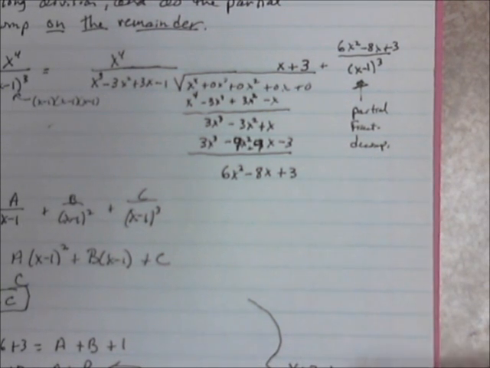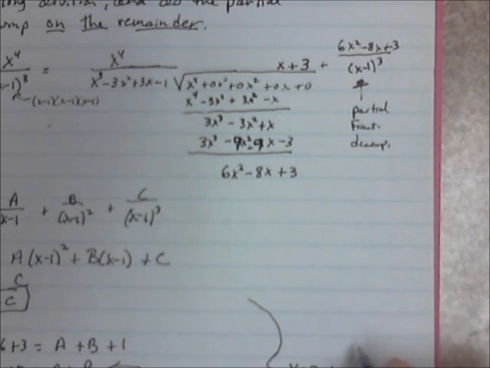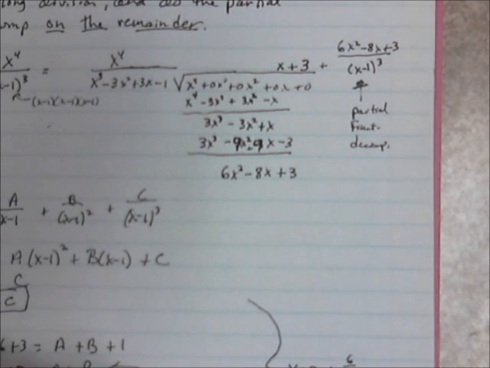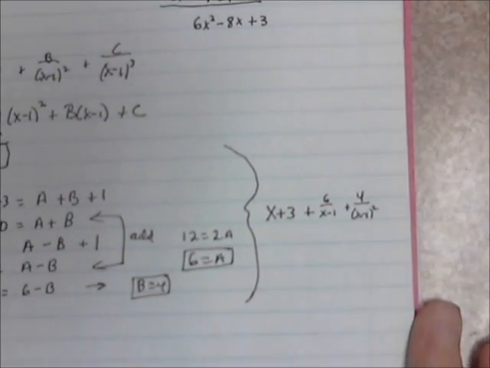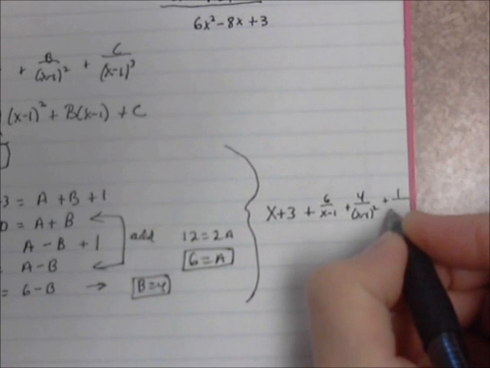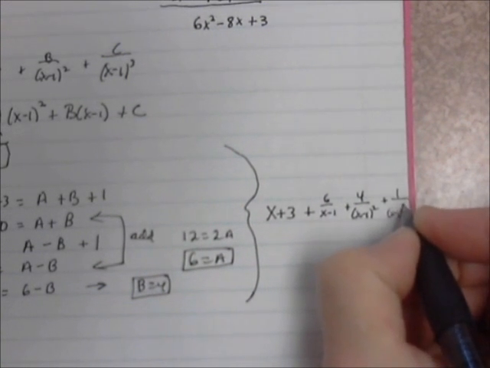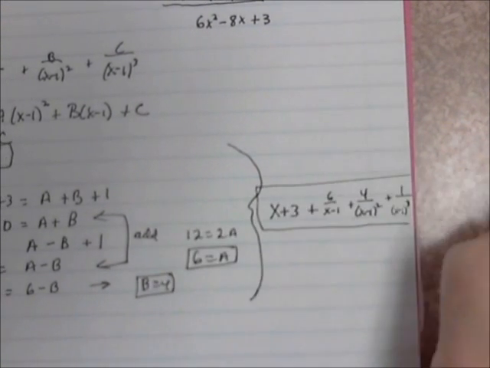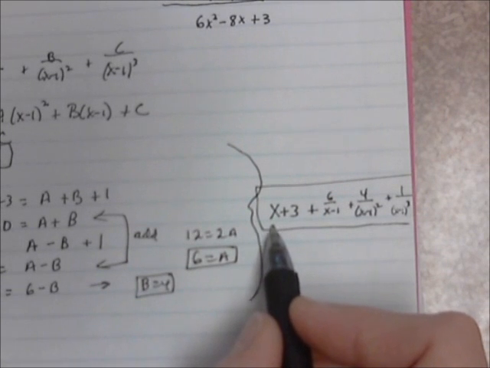And then we're going to add to that, let's see, a was 6, so 6 over x minus 1, b was 4 over x minus 1 to the second power. Whoops, you can't see that. And then c was 1 over x minus 1 to the third power. So there's our final answer without forgetting the x plus 3.